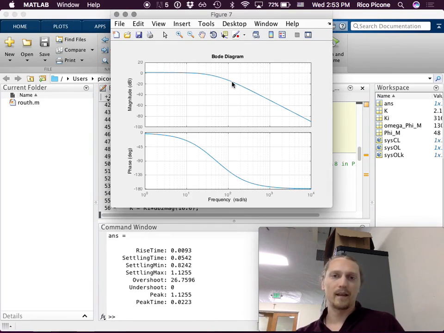What did it say your overshoot was? 26. That does something wrong there, never mind. I knew it was 0 overshoot, so I don't know why I did something wrong. Well, we'll take a look. I was trying to follow along what you were doing, so I should have been at that step. Yeah, let's debug what you're doing too, because it would be kind of a good experience, I think, for everyone to see it.